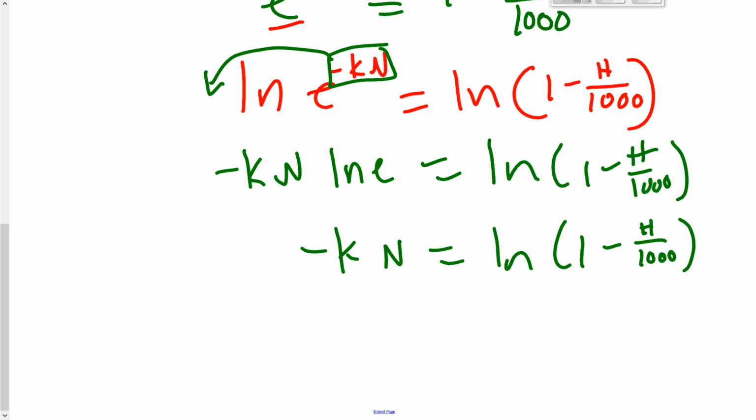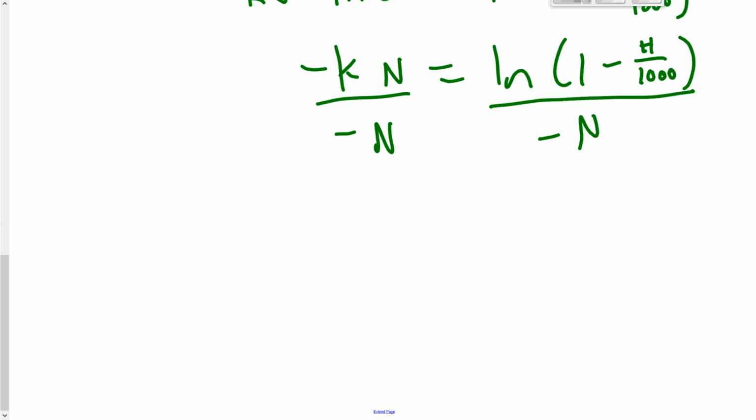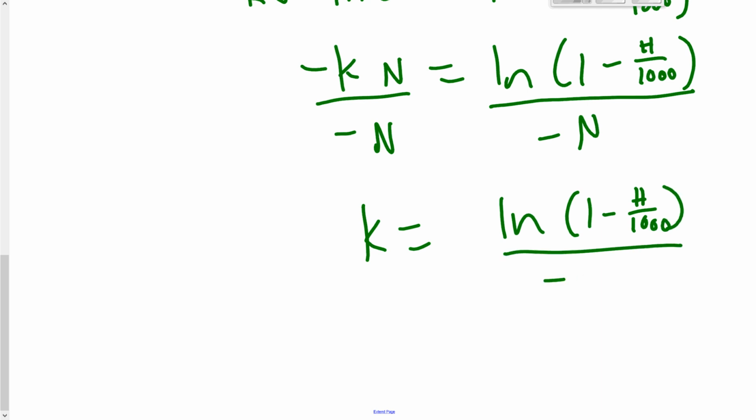Now here I'm going to divide by a negative n, so I can take that negative away, so I'll divide by negative n on both sides. And so then k would equal ln of 1 minus h over 1,000 all over negative n. Okay, so there's k.